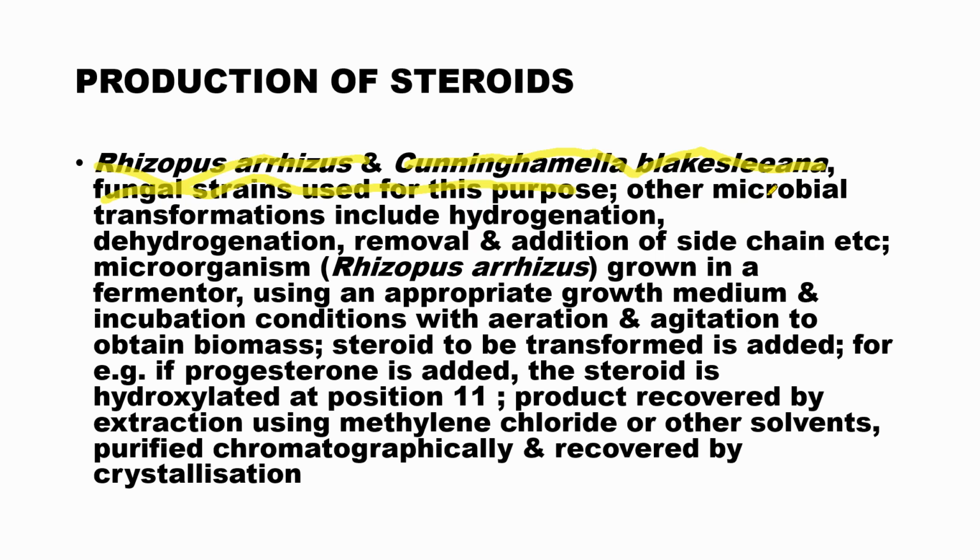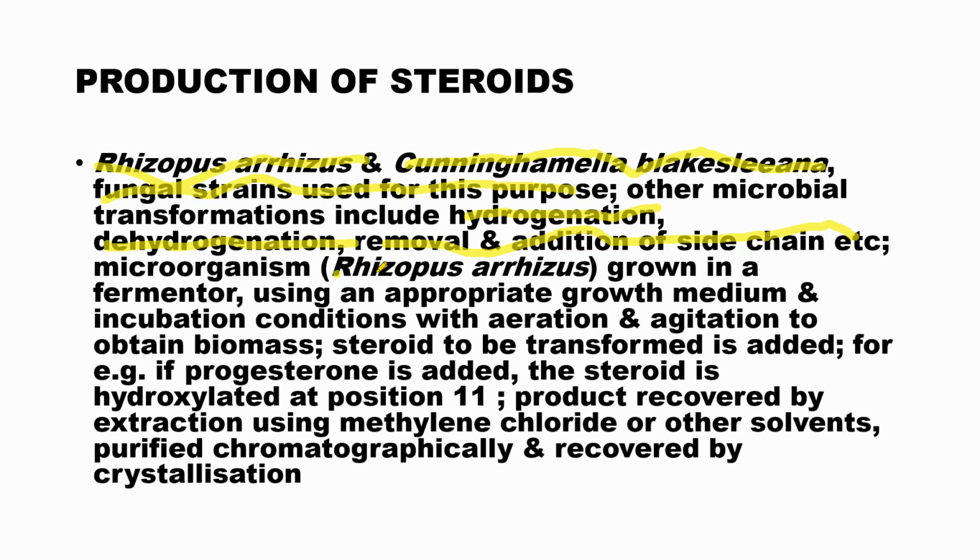For example, microbial transformation such as hydrogenation, addition of hydrogen, dehydrogenation, removal of hydrogen from the ring, then removal and addition of side chain. All those activities can be performed by microbes, and it is less cost with better product recovery. Fine.